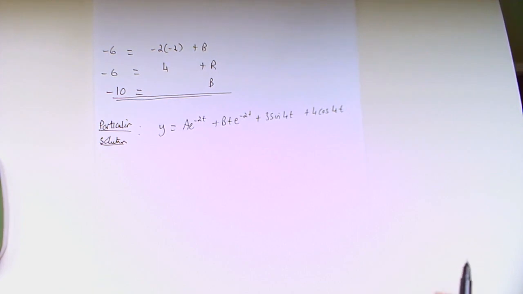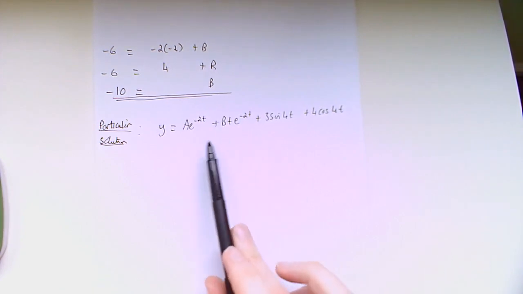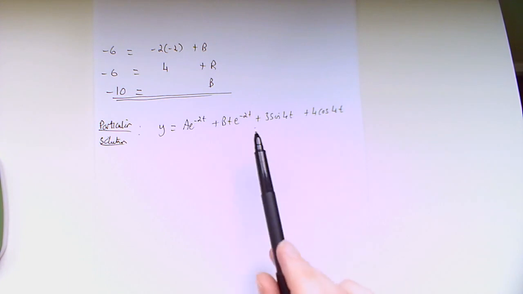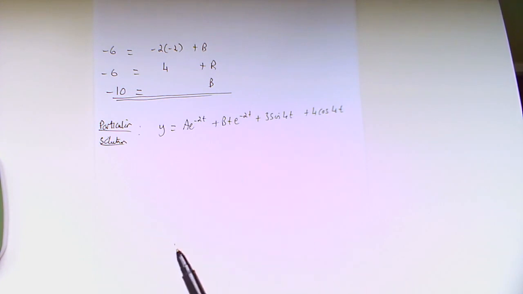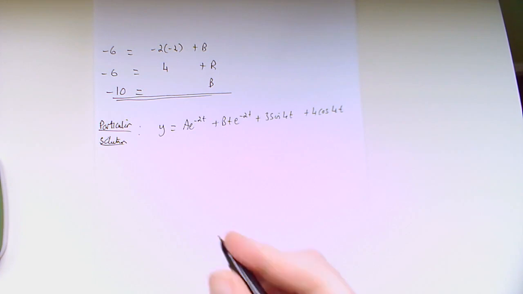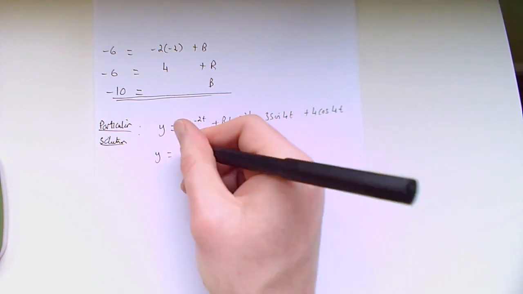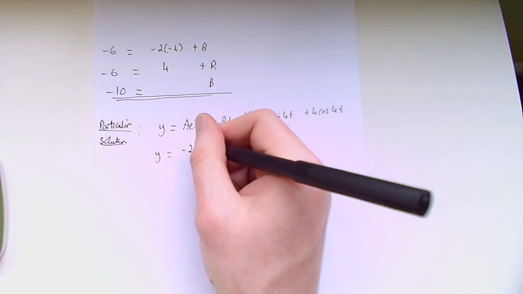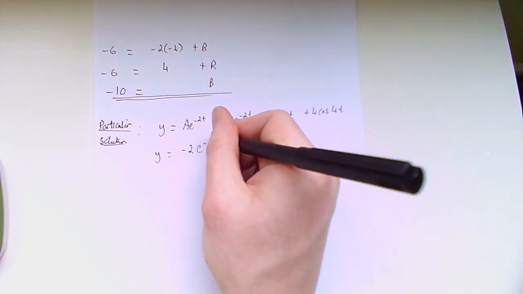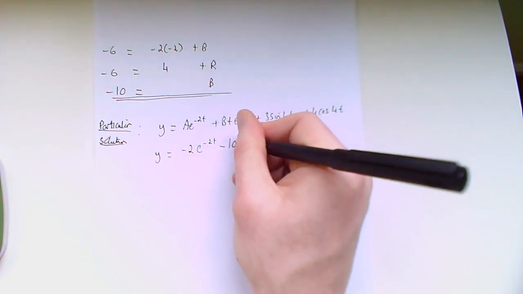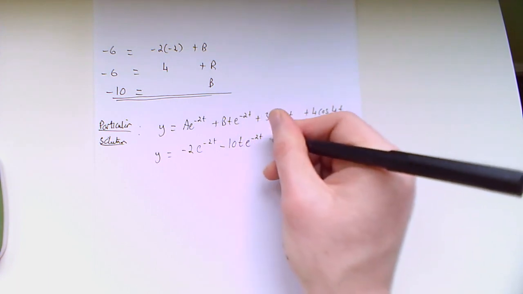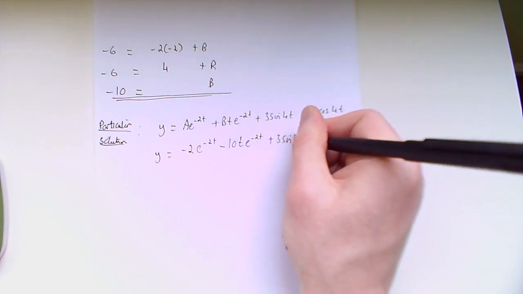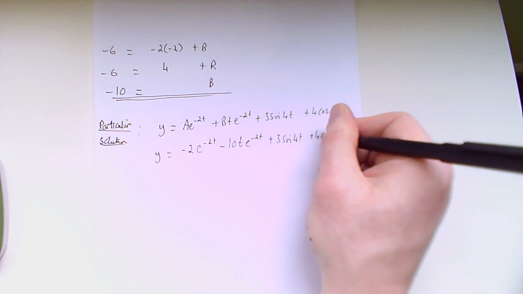There we have our general solution, but remember I've worked out that a is negative 2 and that b is negative 10. So y is equal to negative 2e to the power of negative 2t, take away 10t e to the power of negative 2t plus 3 sin 4t plus 4 cos 4t.